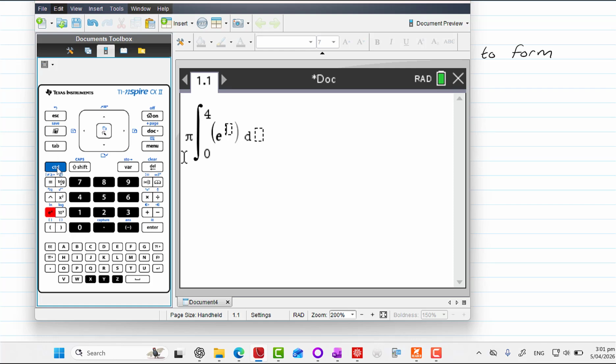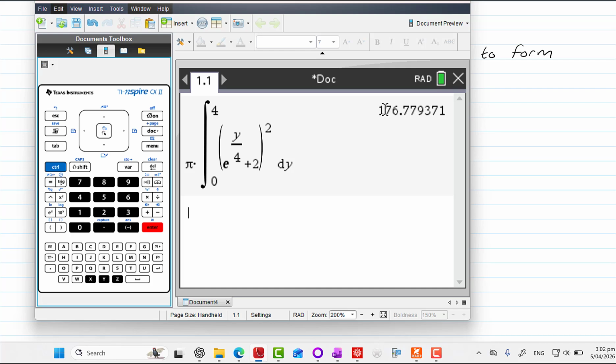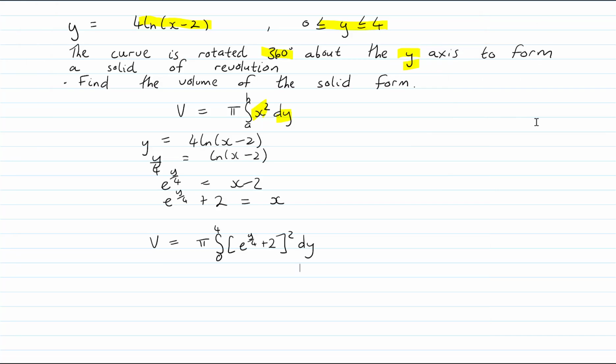And then it's e to the power of y over 4, and then plus 2, and that is all squared, integrating with respect to y. And we get 176.779 and so on.